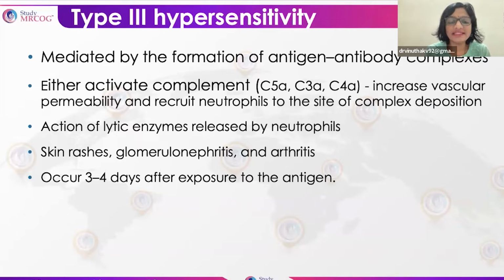If it gets deposited in your kidney and activates the complement system, it leads to glomerulonephritis. So this is more pertaining to the tissue. The local destruction happens in the kidney, or if it is happening in the joints, it leads to arthritis. That is the main difference between type 2 and type 3.